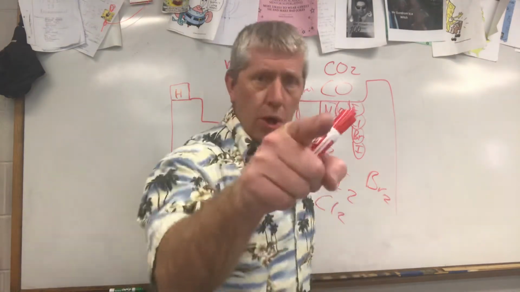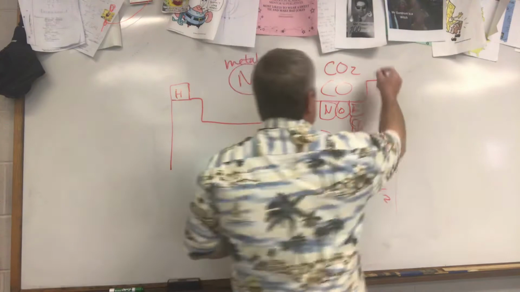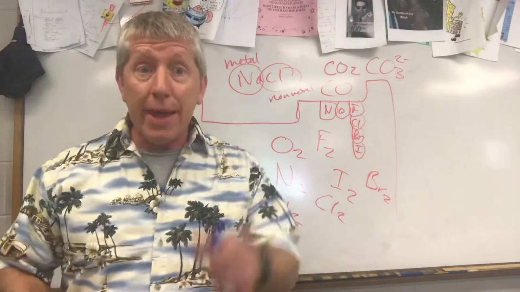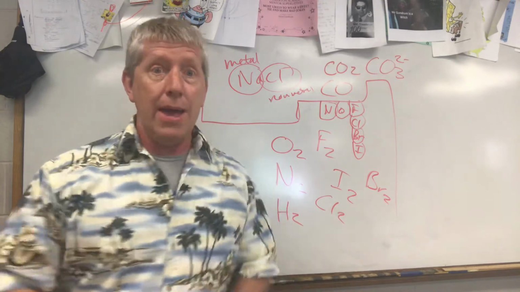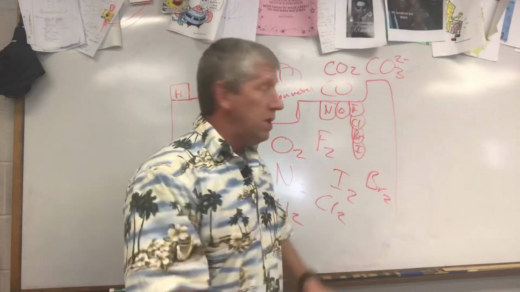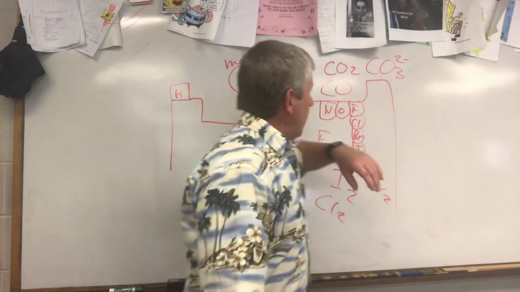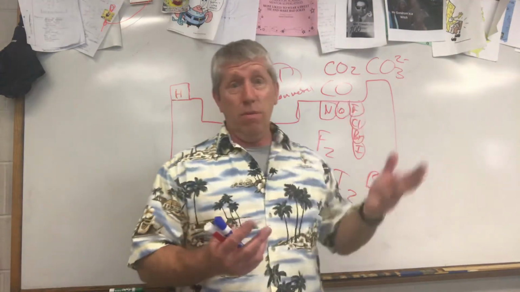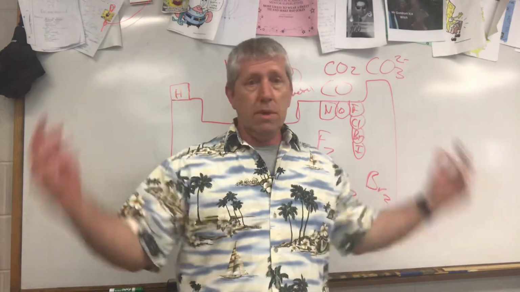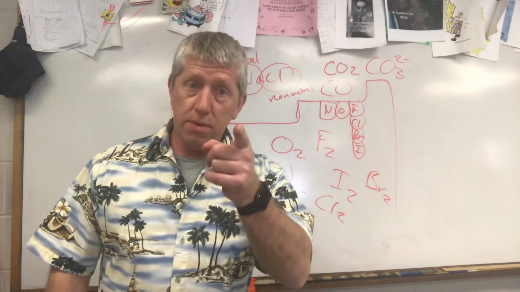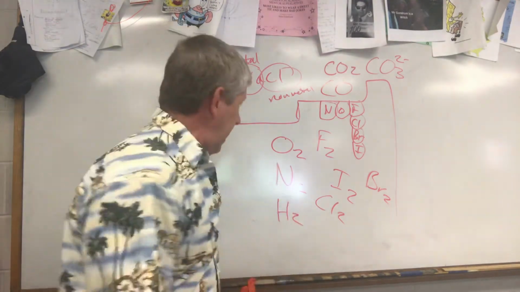Carbonate, which we all should have memorized, is a polyatomic ion, polyatomic meaning many atoms, and that has 3 oxygens in it. So when oxygen's in a compound, it can have any number of them, but when it's by itself, it will always be diatomic, and you need to know that.